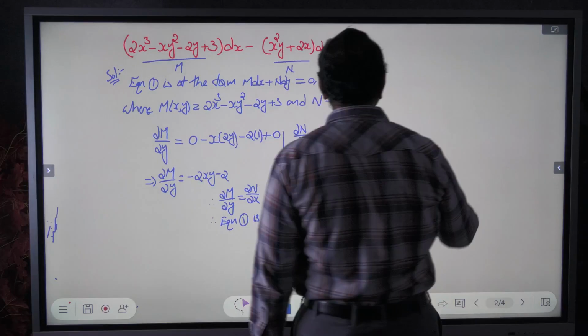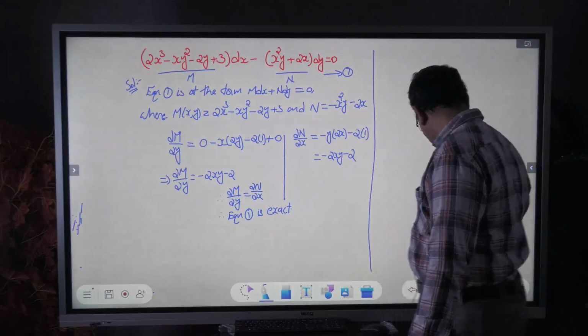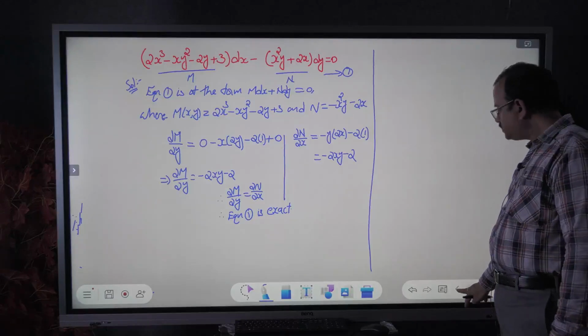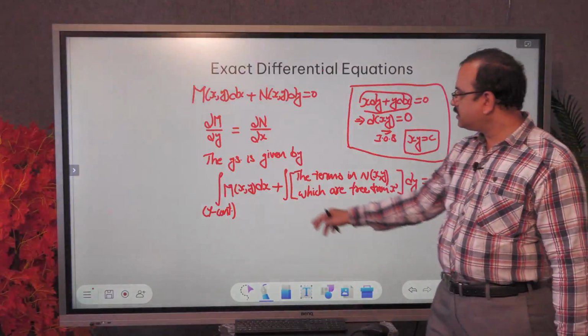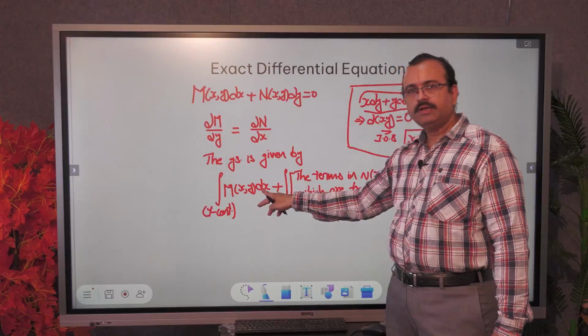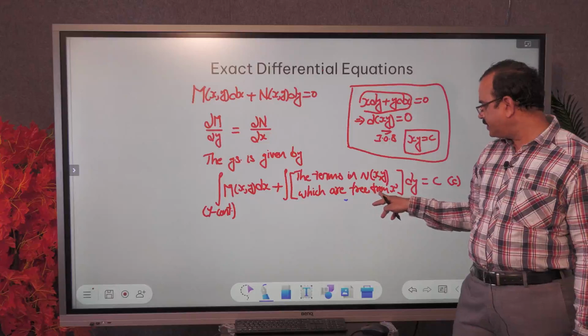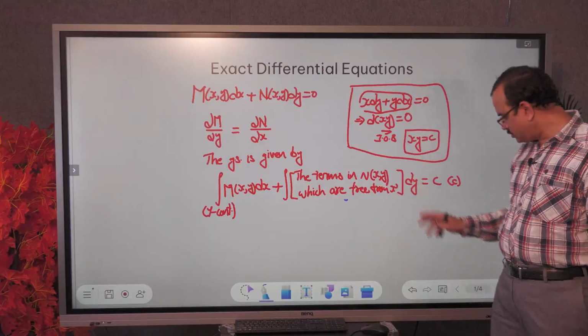Therefore we can find the general solution as we discussed in the previous slide. The general solution is given by the integral of M dx treating y as a constant, plus the integral of the terms in N which are free from x, into dy, is equal to c.